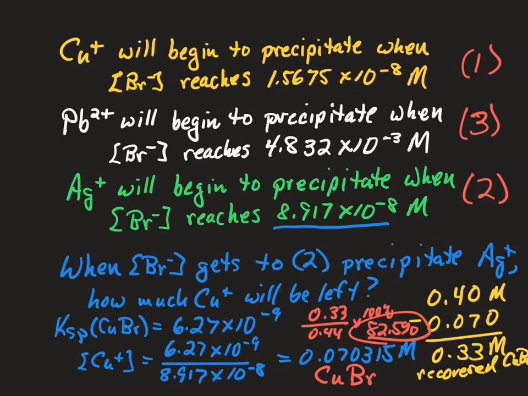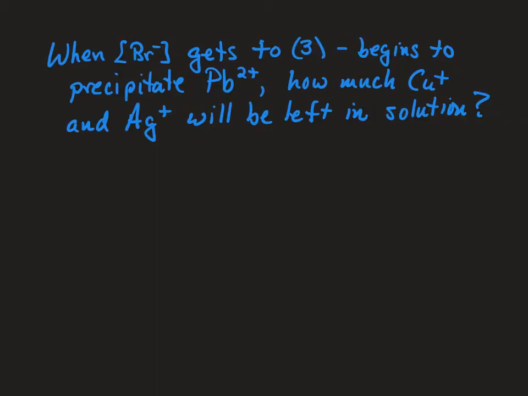Okay, so now we'll look at the other two. Now we consider the next transition. When our bromide ion gets up to concentration 3, that is, when it begins to precipitate lead ions, at that concentration, how much copper ion and how much silver ion will be left in solution?